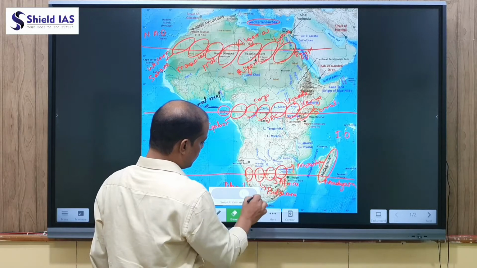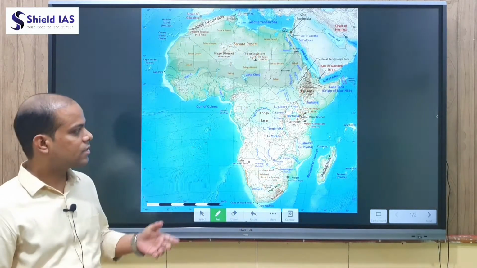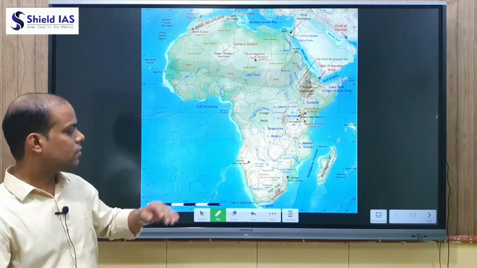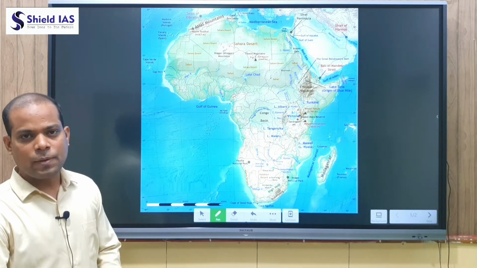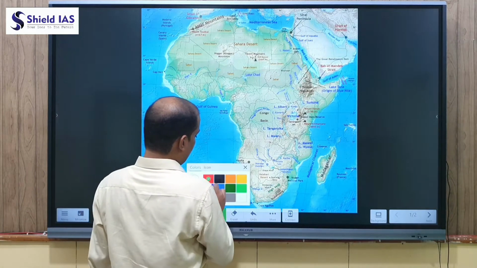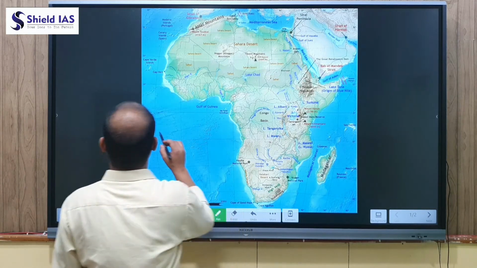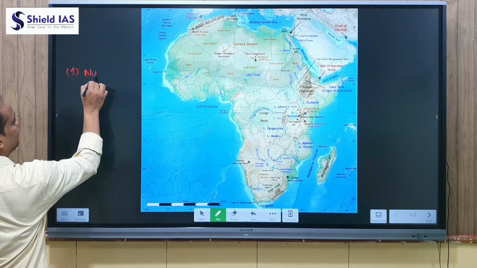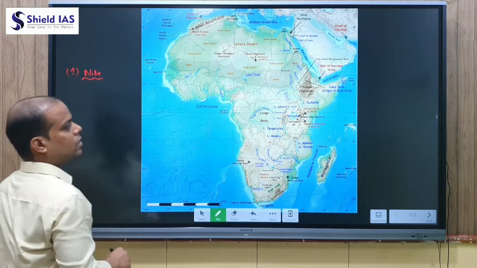So apart from all the latitudes and the countries which pass through the Tropic of Cancer, Equator and Tropic of Capricorn, some important rivers are important from the prelims point of view. The first river is the River Nile.